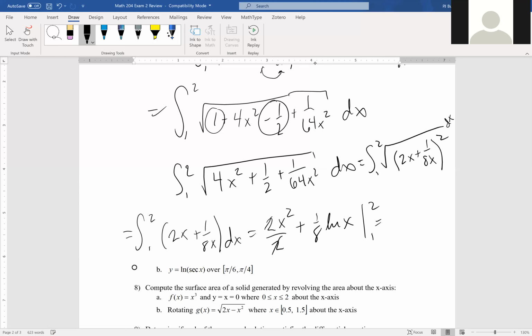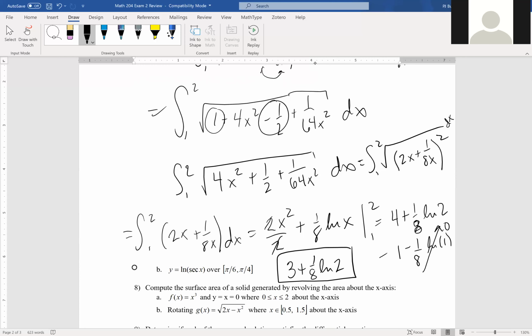And let's see, you get 4 plus 1/8 natural log 2 minus 1 minus 1, oops, minus 1/8 natural log of 1, but that's 0. And 4 minus 1, just going to give us 3. So to me, it looks like the answer is 3 plus 1/8 natural log 2.